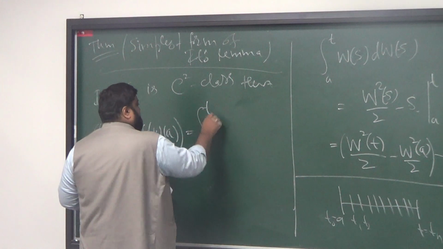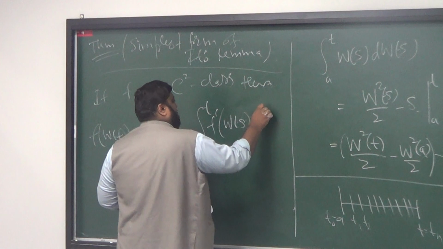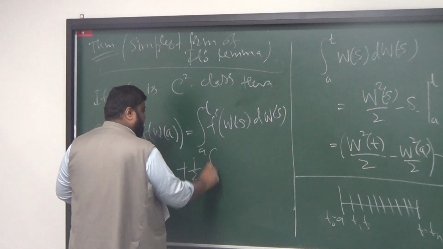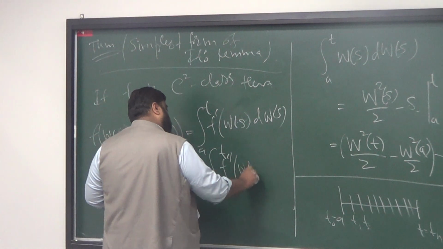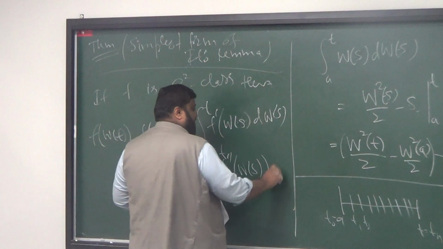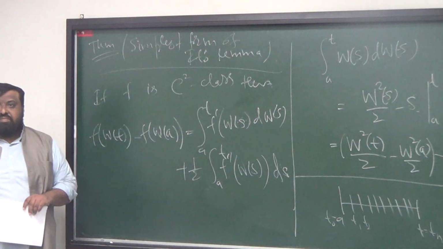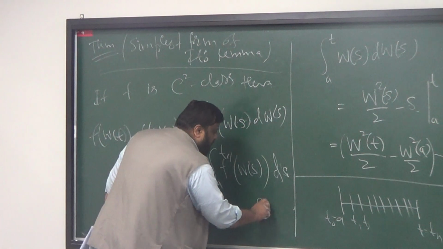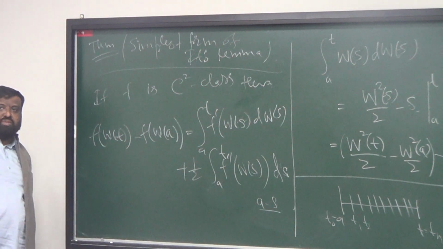The integral from a to t of f prime of W_s dW_s plus 1/2 the integral from a to t of f double prime of W_s ds. Okay? So this is what you're going to get. And this is true almost surely. Okay? Should be true almost surely.